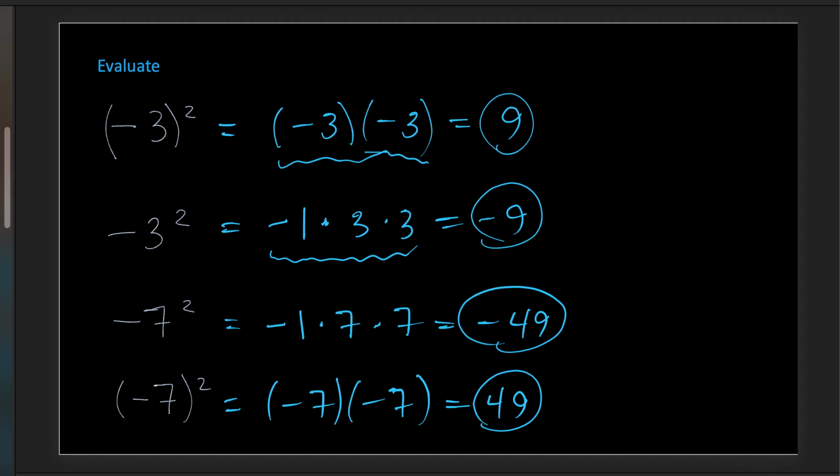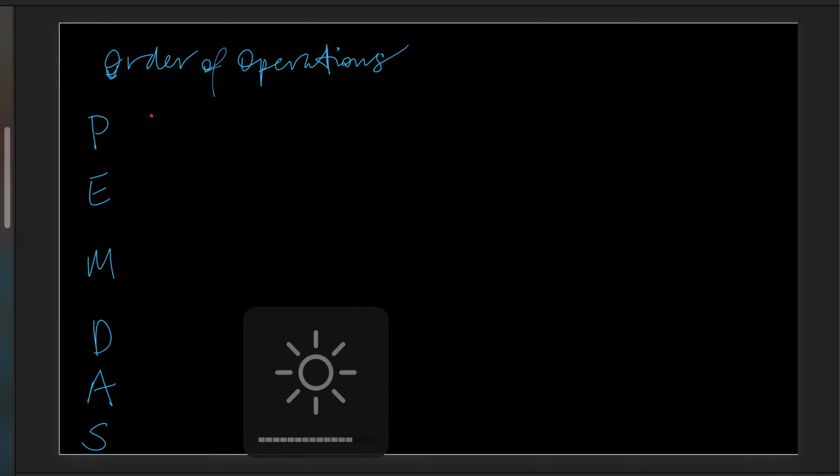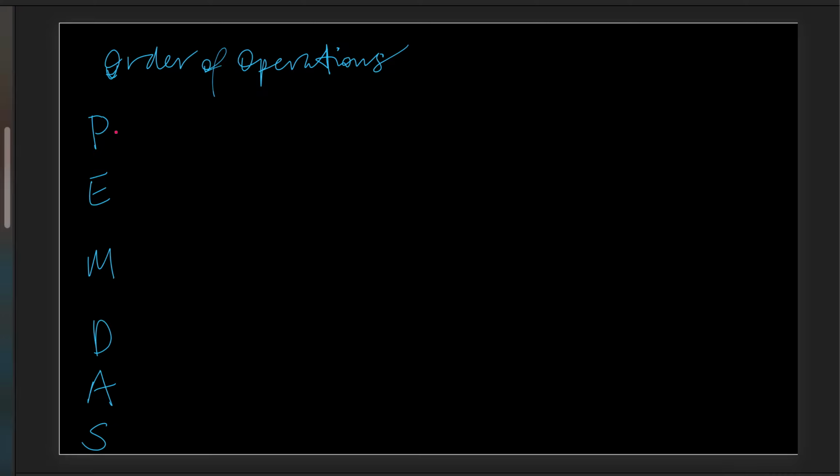Now we're going to go over the order of operations. So I'm going to use a different color. You might have heard of this before. P is for parentheses.